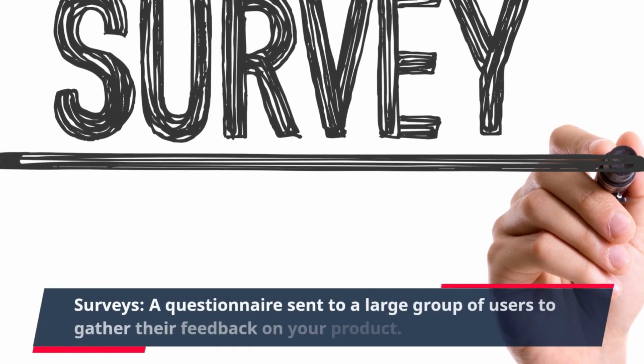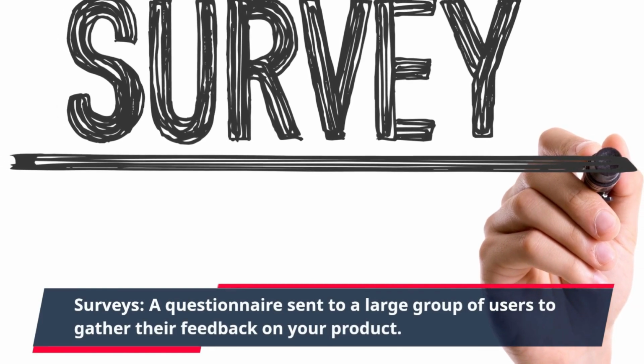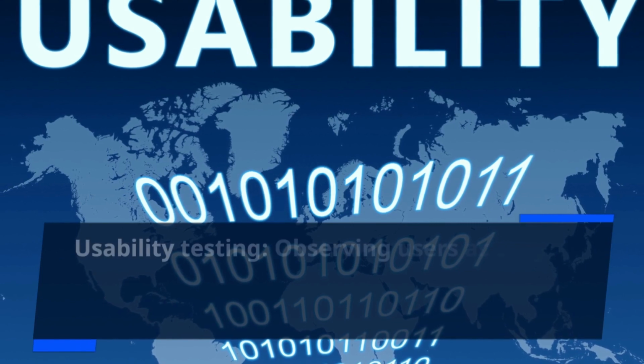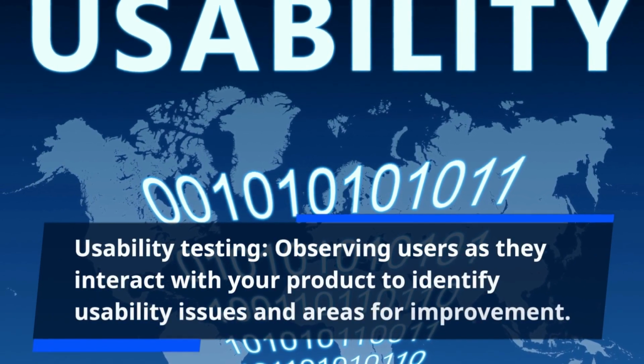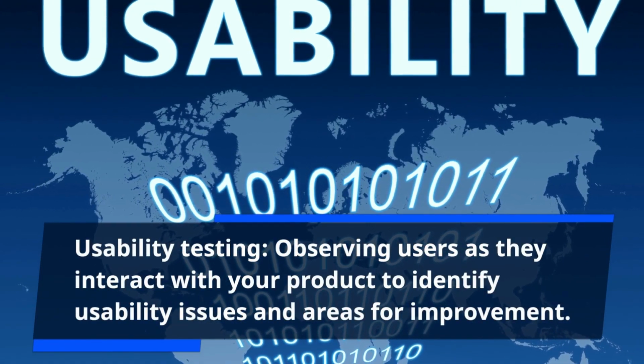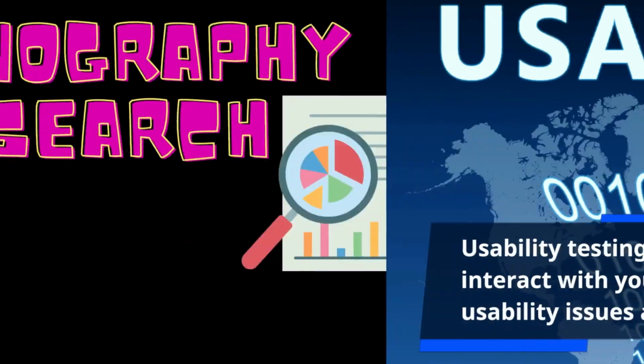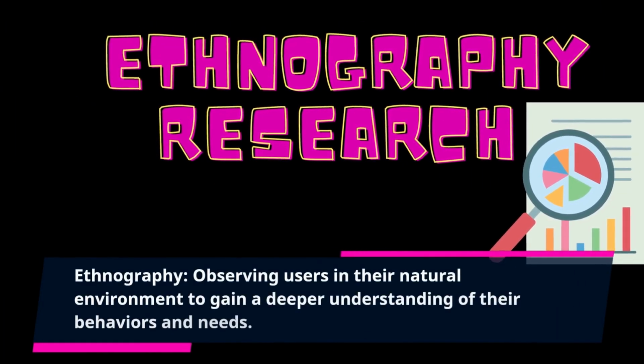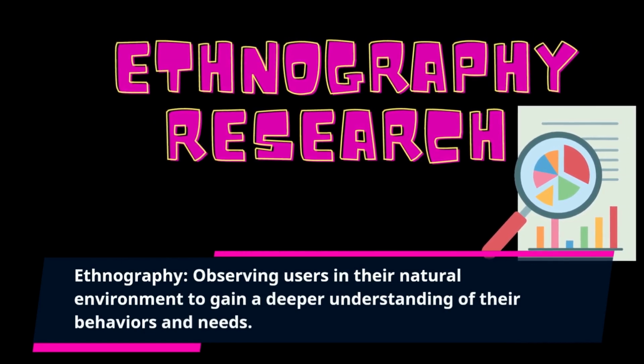Surveys, a questionnaire sent to a large group of users to gather their feedback on your product. Usability testing, observing users as they interact with your product to identify usability issues and areas for improvement. Ethnography, observing users in their natural environment to gain a deeper understanding of their behaviors and needs.